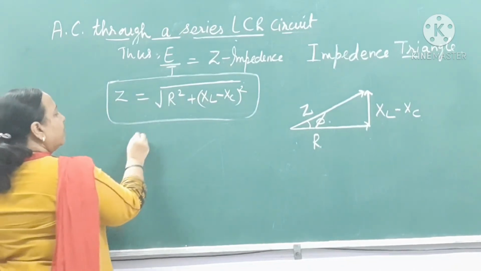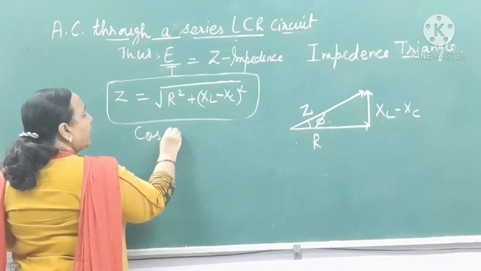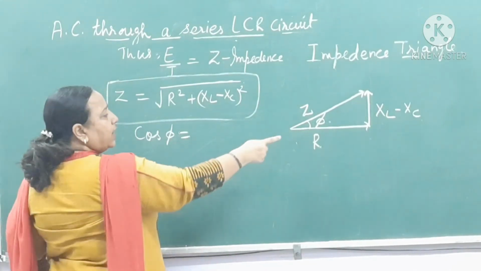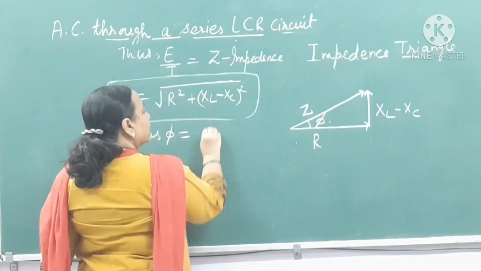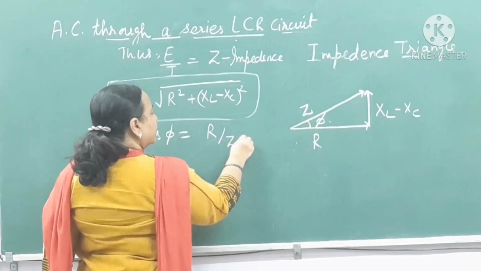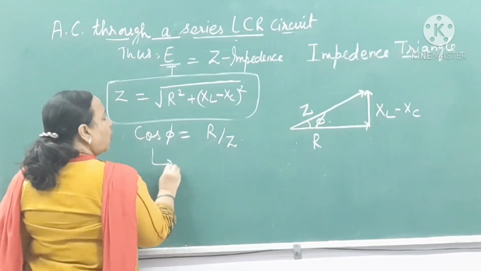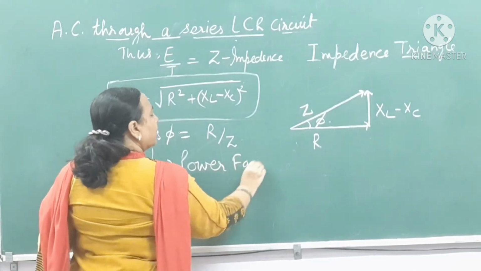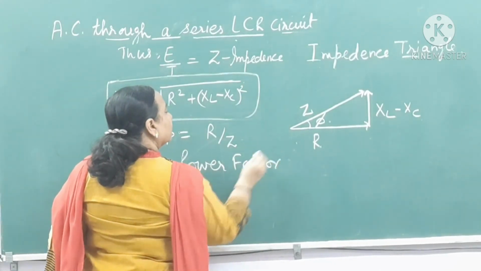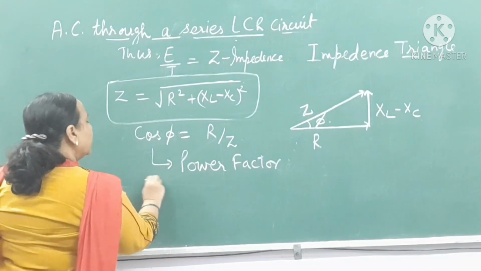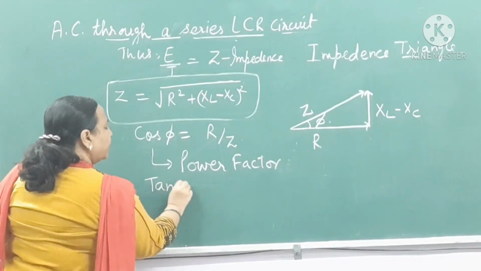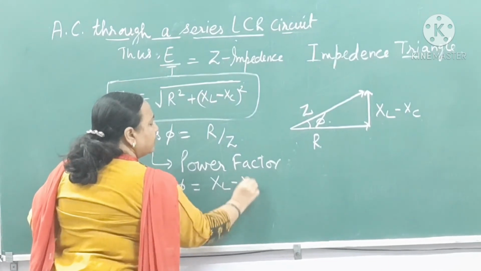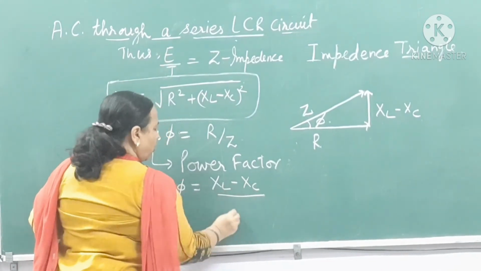From this triangle we can find out the value of cos phi. Cos phi is obtained as base upon hypotenuse, that is R upon Z. This cos phi is called the power factor. And similarly we can find out tan phi, which is equal to XL minus XC upon R.